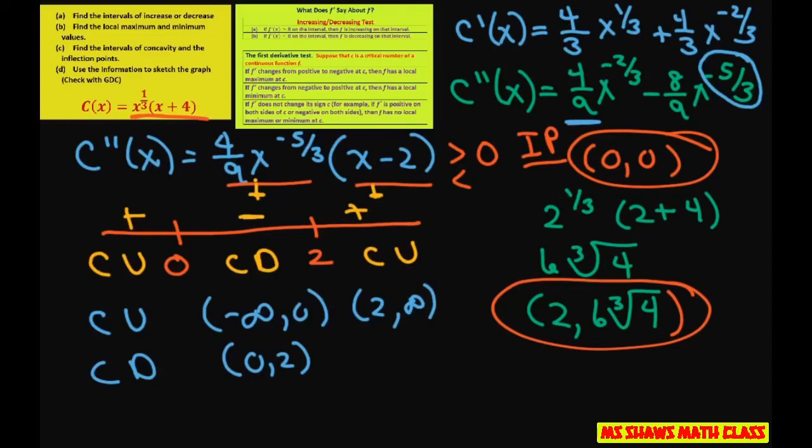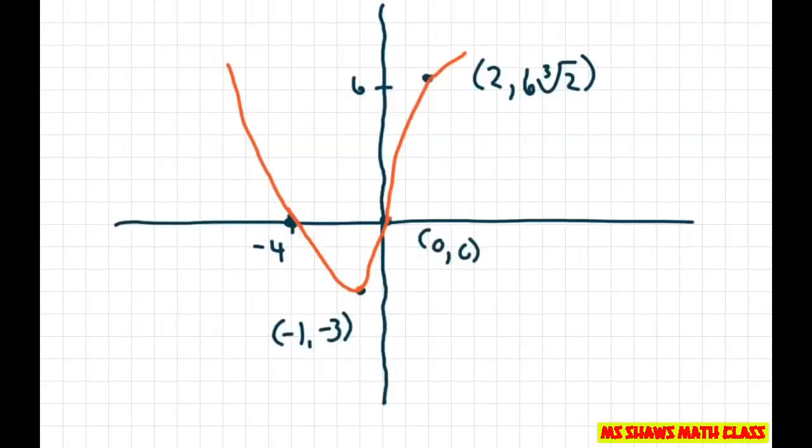Cover that up. And then you do the graph. And here's an inflection point here. So basically we had decreasing, increasing from here. And then our inflection points were at 0, 0. So that was concave up and concave down.